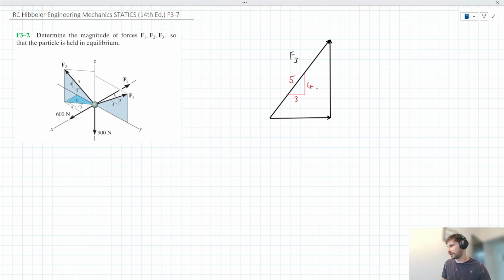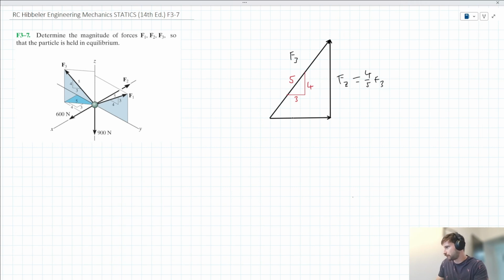I've drawn a little diagram on the right-hand side here. So we get this idea that if this hypotenuse is our F3 here, then this is our Fz in this context, which we can also say is equal to 4/5 of F3.